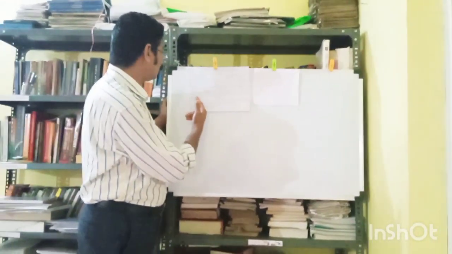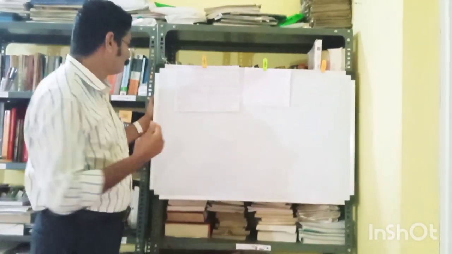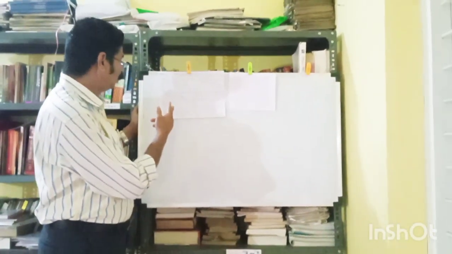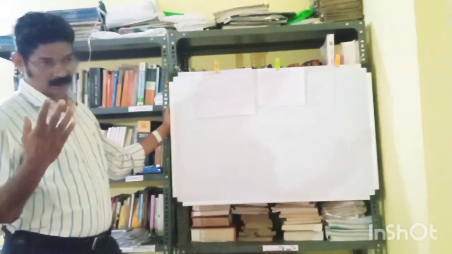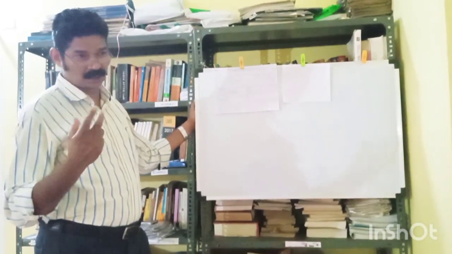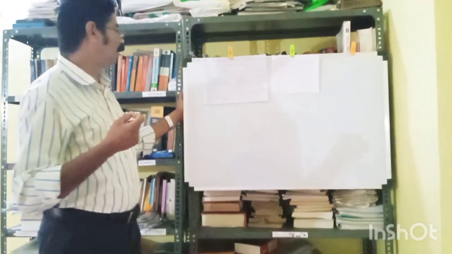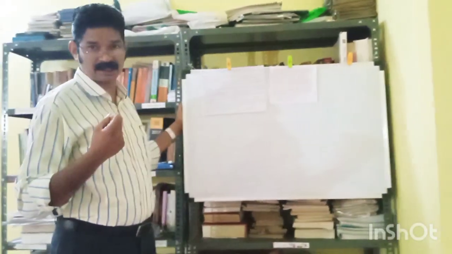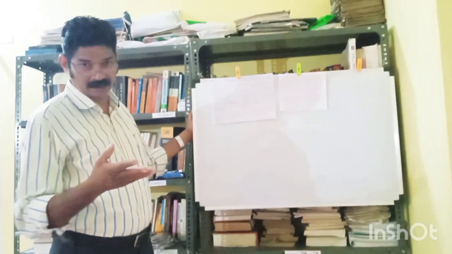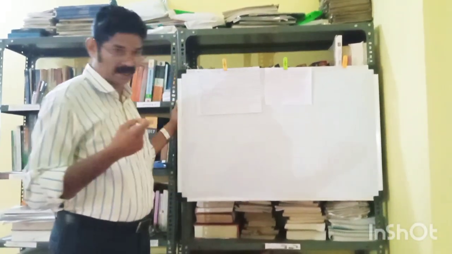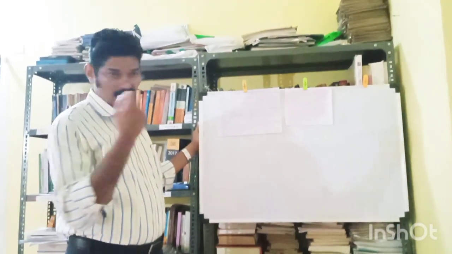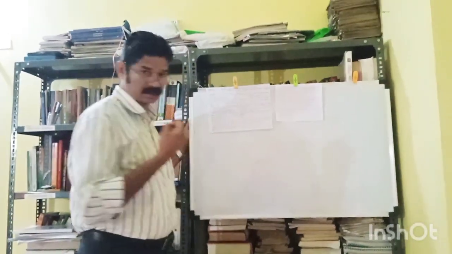And next one is to compare the different sources by their language, script, and style of writing. In olden days, the writing styles and scripts were different from current days. So sometimes the research scholar has to identify in which place or which time it was produced.